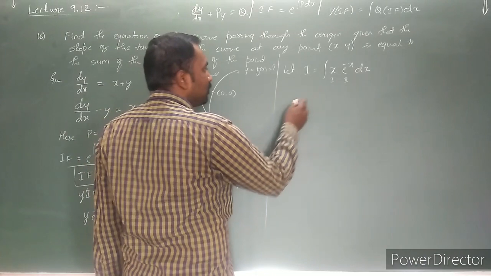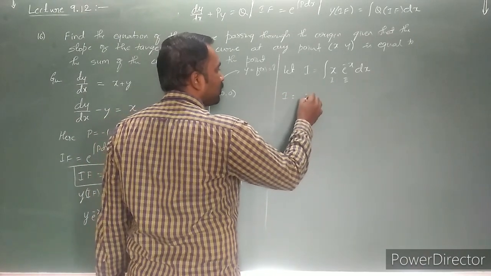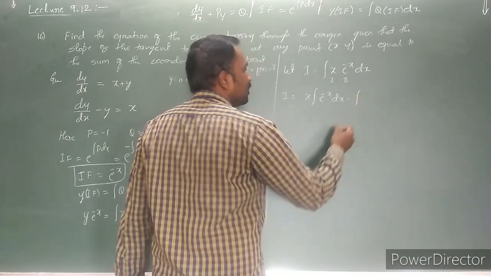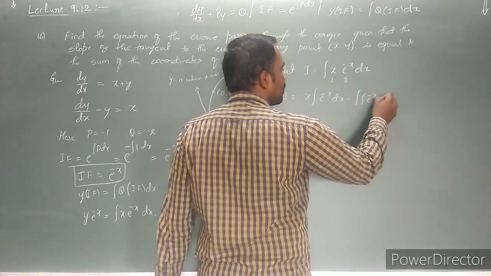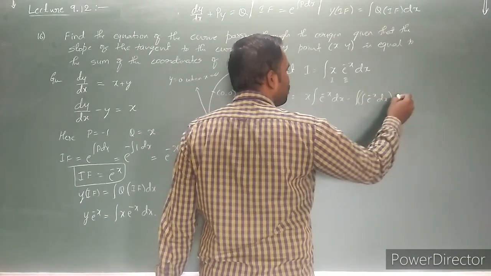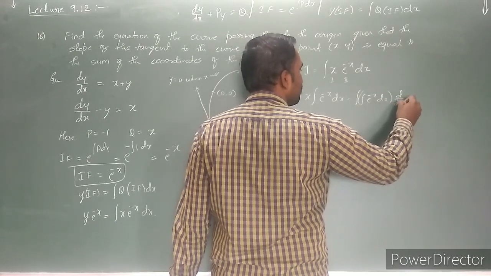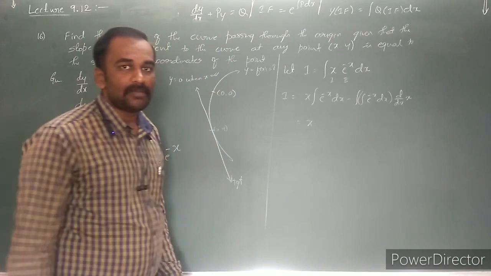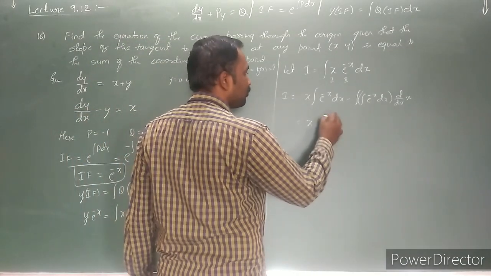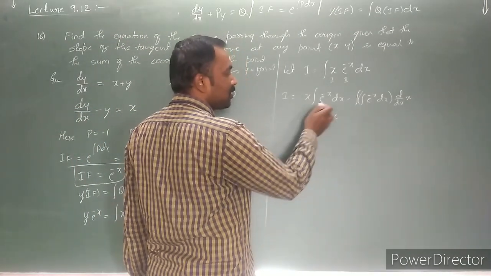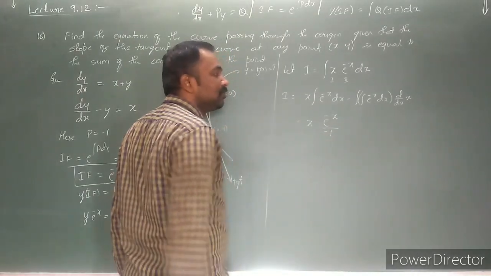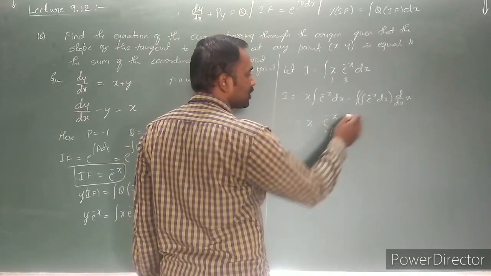Now integration by parts: keep the first function as it is, times the integration of the second function, minus integration of the integral of the second function into the differentiation of the first function, that is d by dx of x. So x into the integration of e power x, but here minus x is there, so divide by the coefficient of x, that is minus 1. The minus is as it is.